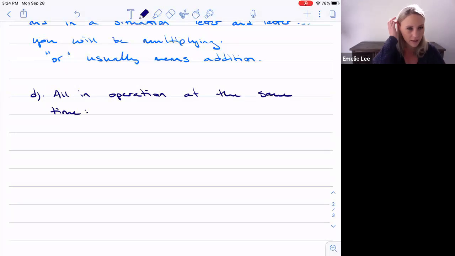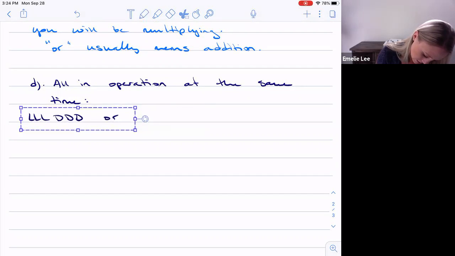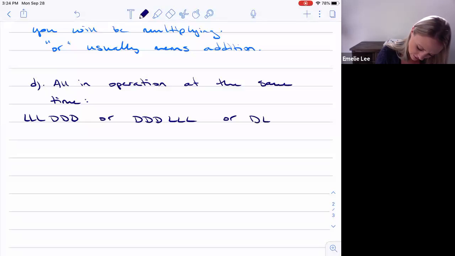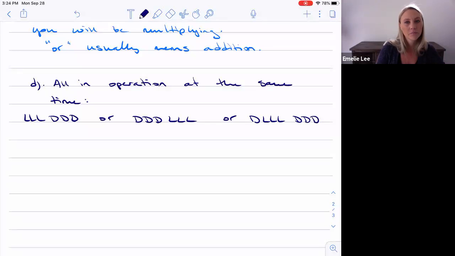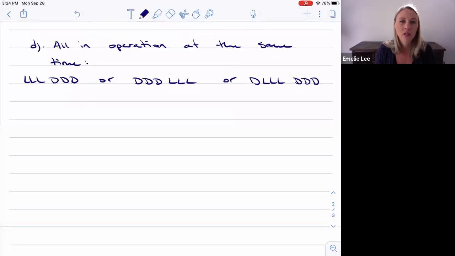Just to illustrate with that and or situation, you could have letter, letter, letter, digit, digit, digit, or digit, digit, digit, letter, letter, letter, or digit, letter, letter, letter, digit, digit, digit. Because the license plate can only have one of these, right? So that's why it's or.